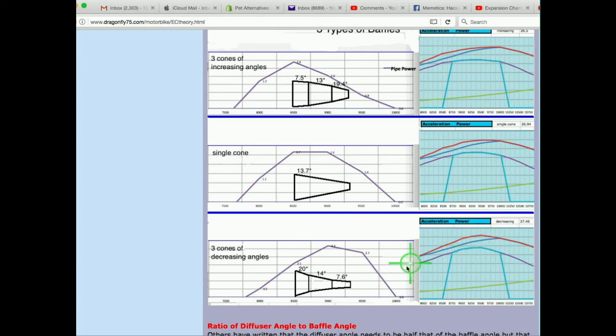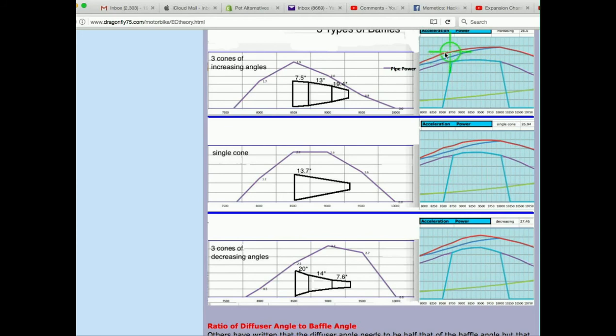So you can see by looking at this hump right here, the acceleration power, which is the power above the baseline of what's needed to maintain the speed, is the fattest. That curve raises the most from the beginning of the gear to the end of the gear. And a single cone, it's flatter. And the increasing angle 3-cone baffle, it's almost flat.